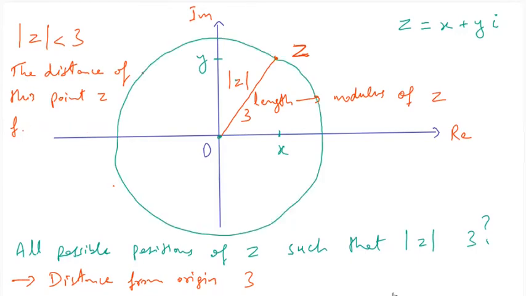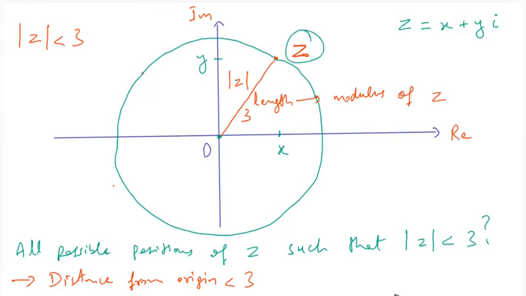Where can this point Z be now? Modulus of Z is less than 3. So all possible positions of the point Z such that the modulus is less than 3. What do you think is going to be the locus of this point Z? Z कहाँ पे हो सकता है in this case? Any ideas? Less than 3? क्या मतलब है?